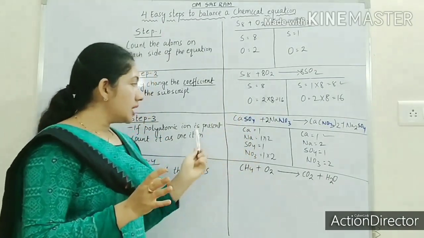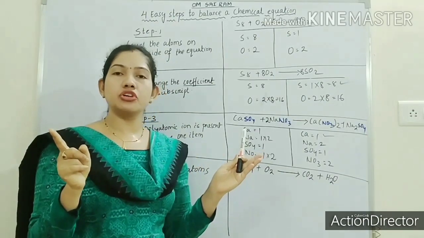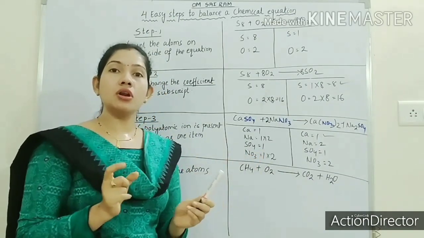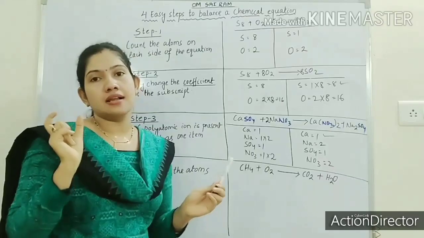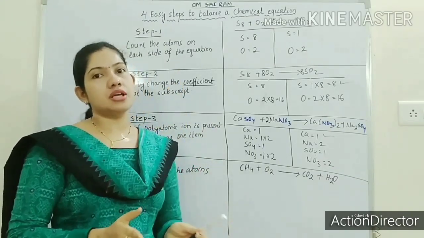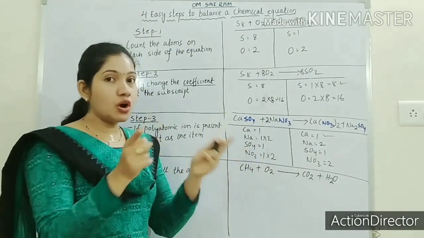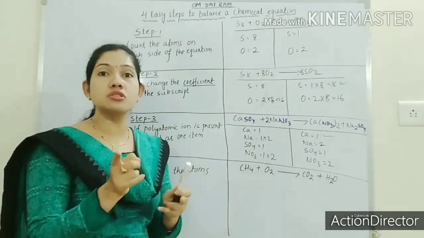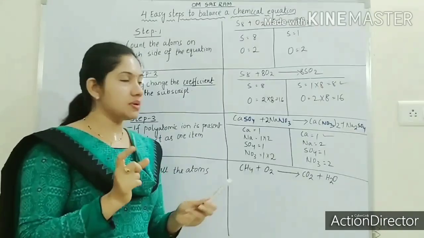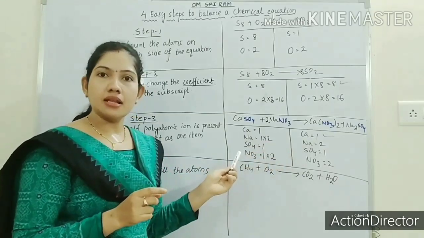Next, if you get any polyatomic ion in a chemical equation, then take that polyatomic ion as a single item. Don't split or break the polyatomic ion. Here I gave one example: SO4 means do not break sulfur and oxygen. Combinedly it is a polyatomic ion, so combinedly you have to write it, and you will balance.